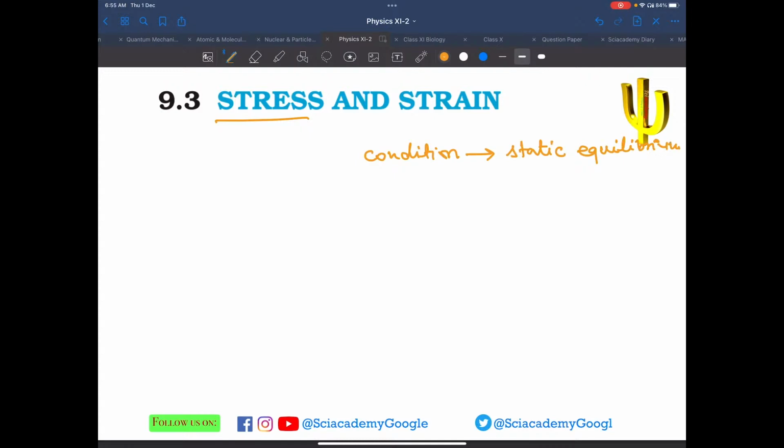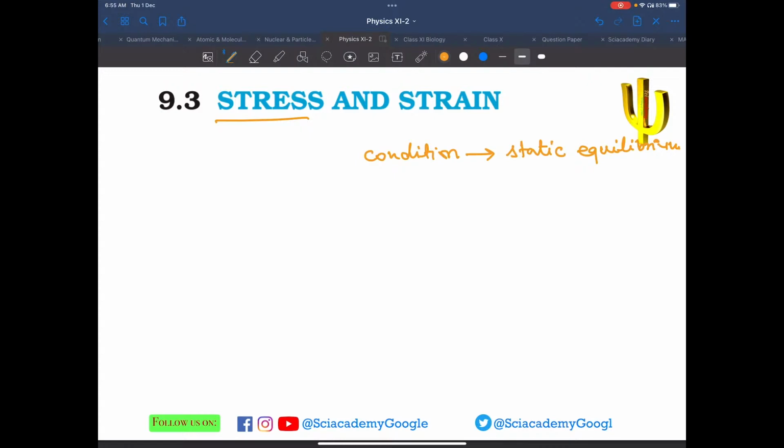And when we apply the external force, the body gets deformed to a small or large extent, depending on how much the external force is, as well as the nature of the material of the body.